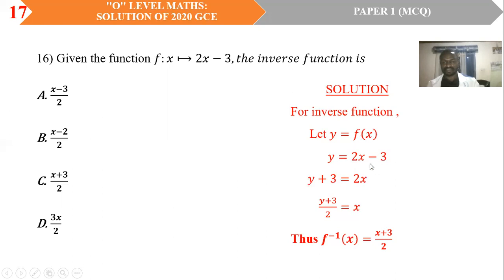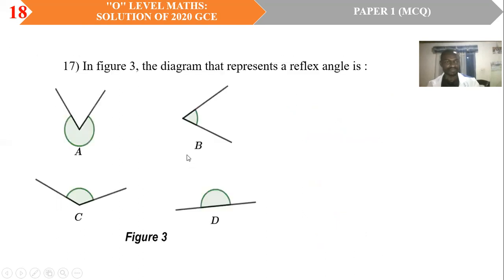Making x the subject, sending 3 this way, we have y plus 3 is equal to 2x. To make x the subject, we divide both sides by 2. x will be y plus 3 over 2. And thus, f inverse of x will be, replacing y by x, x plus 3 divided by 2. Answer C.